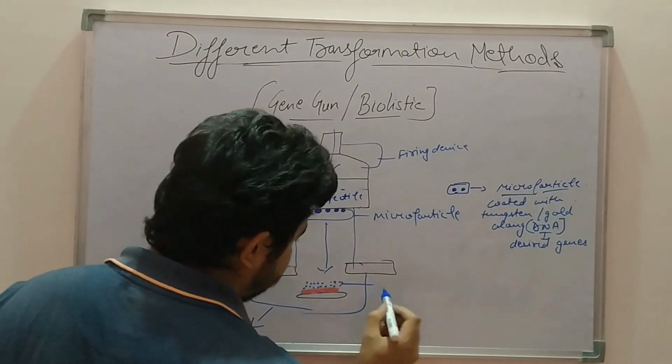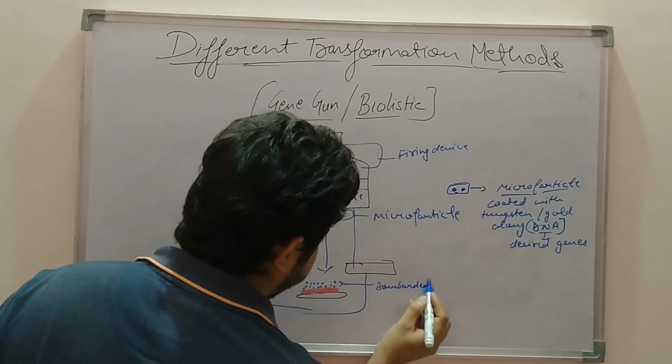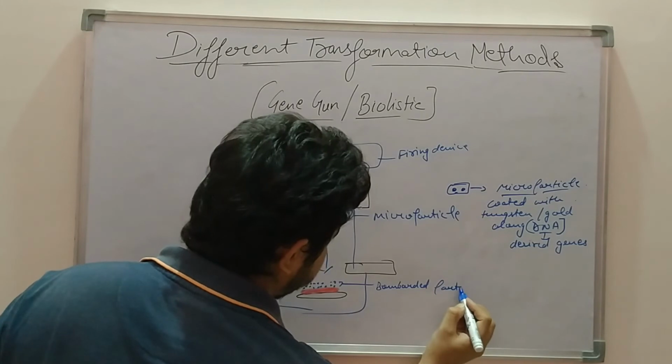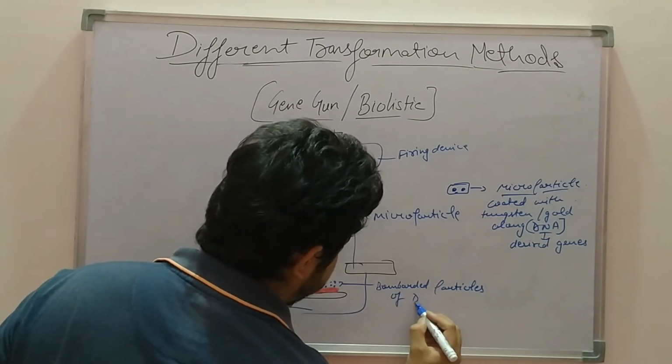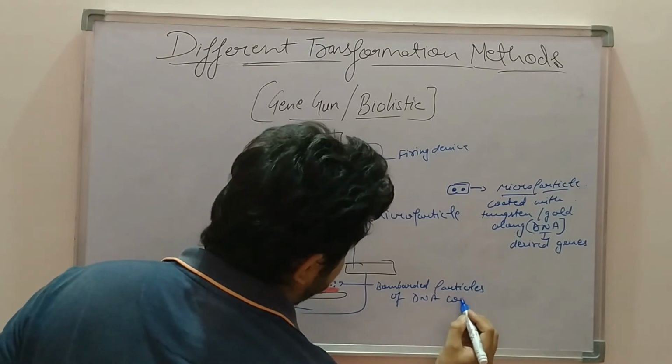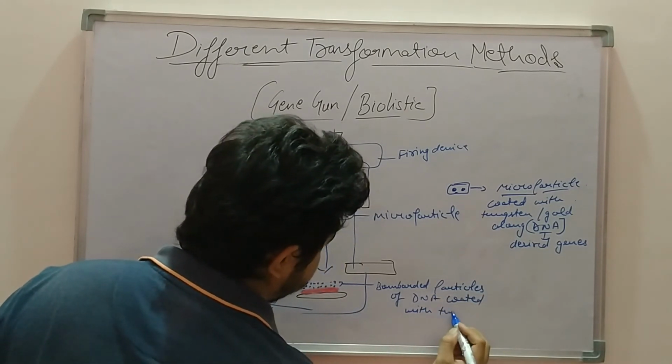So these are bombarded particles of DNA coated with tungsten and gold.